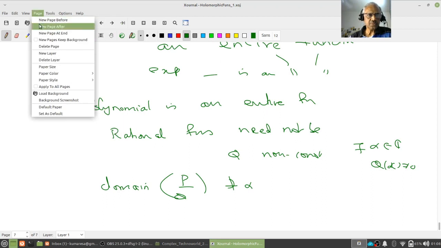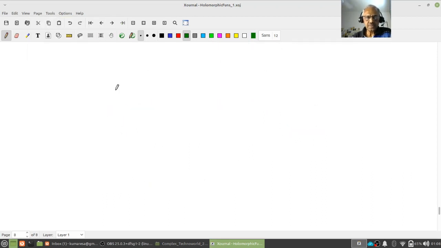Now let's go to one or two trivial examples. I can define for every z in C, cos of z to be exponential of iz plus exponential of minus iz by 2.